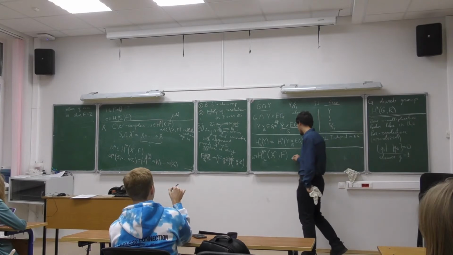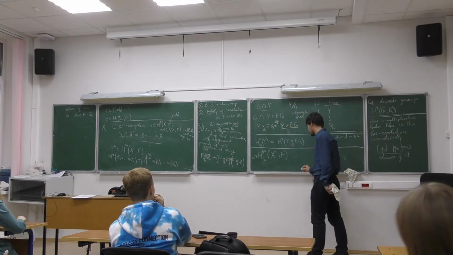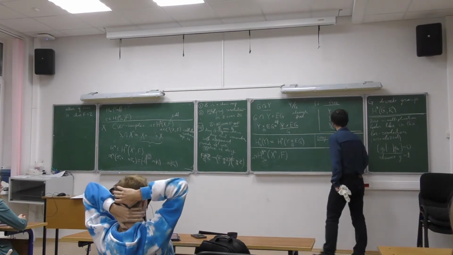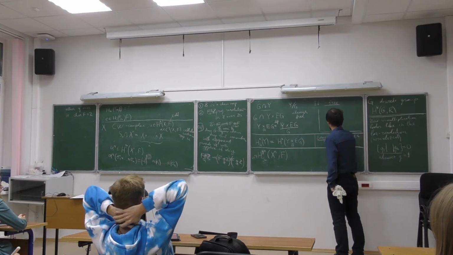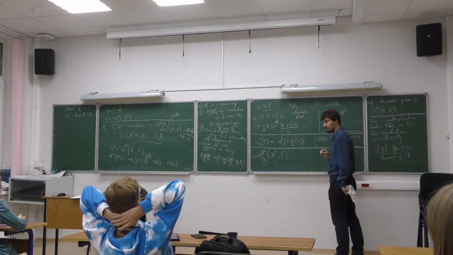So we can apply the diagonal map. We have a diagonal map from X to the power n.